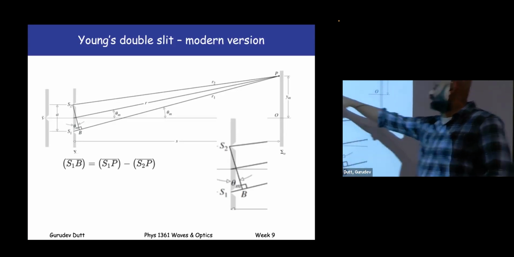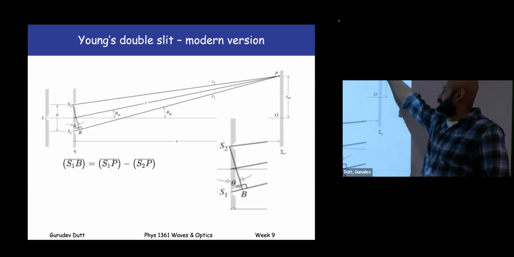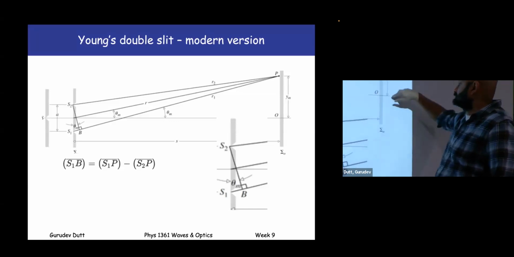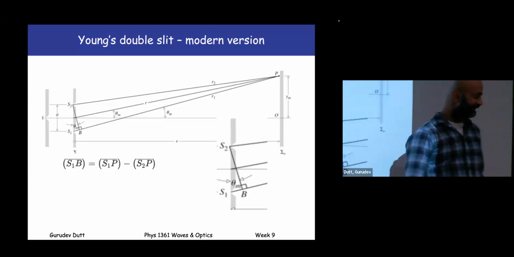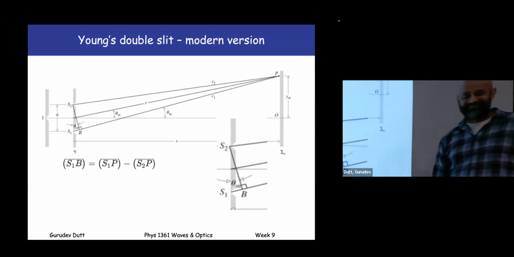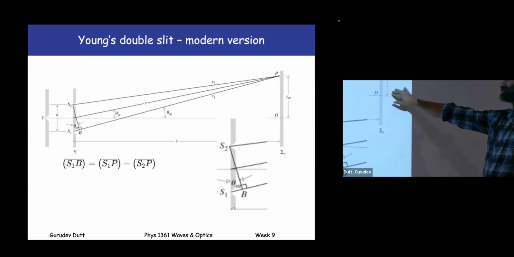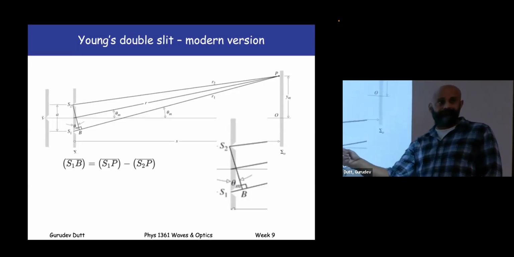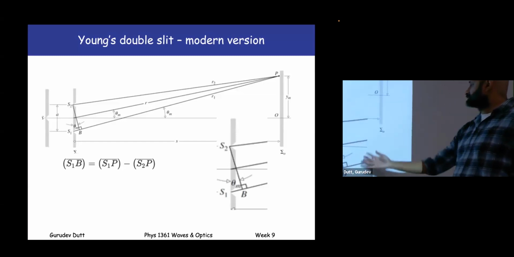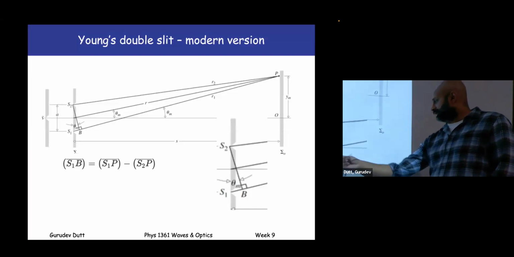Then this angle is the angle at which we are observing the point, the fringe, the interference pattern. This is the angle of observation from the central axis, which is halfway between S1 and S2. And this theta is the angle here, and that same angle is this angle over here, because those are just the normals to all of those rays, so we can immediately calculate that this is also angle theta.